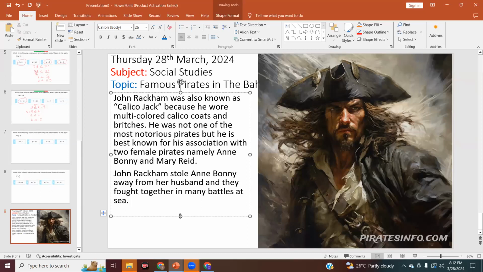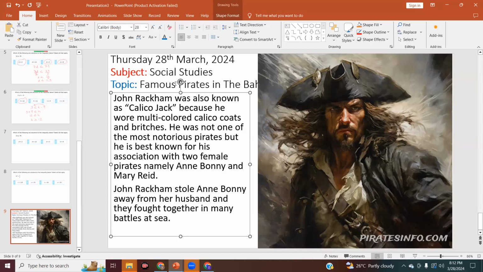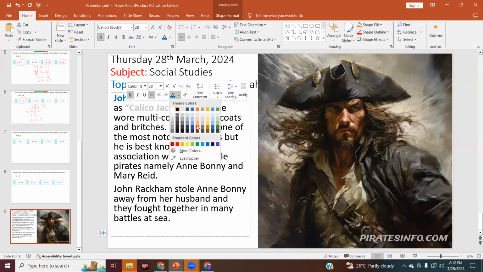All right, so question, anyone can answer this? John Rackham. What was another name for John Rackham? Calico Jack. And why is he also one of the famous pirates?